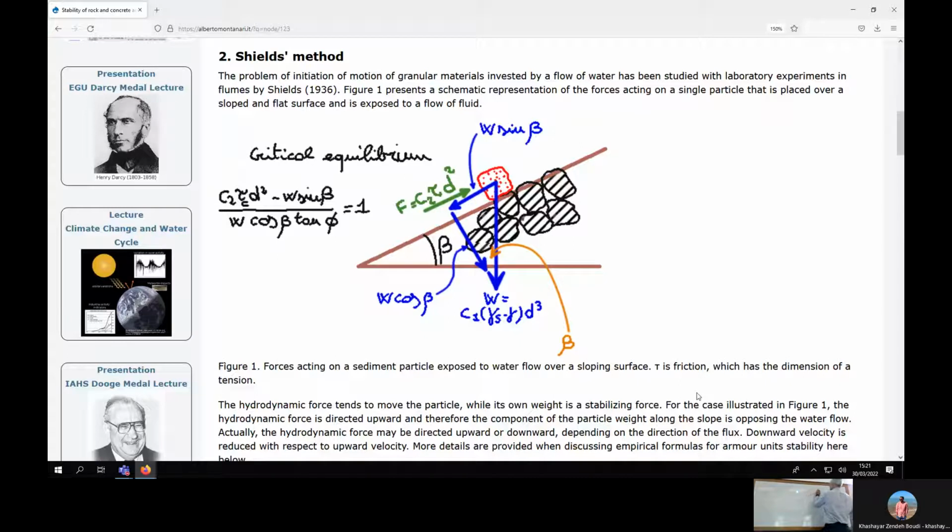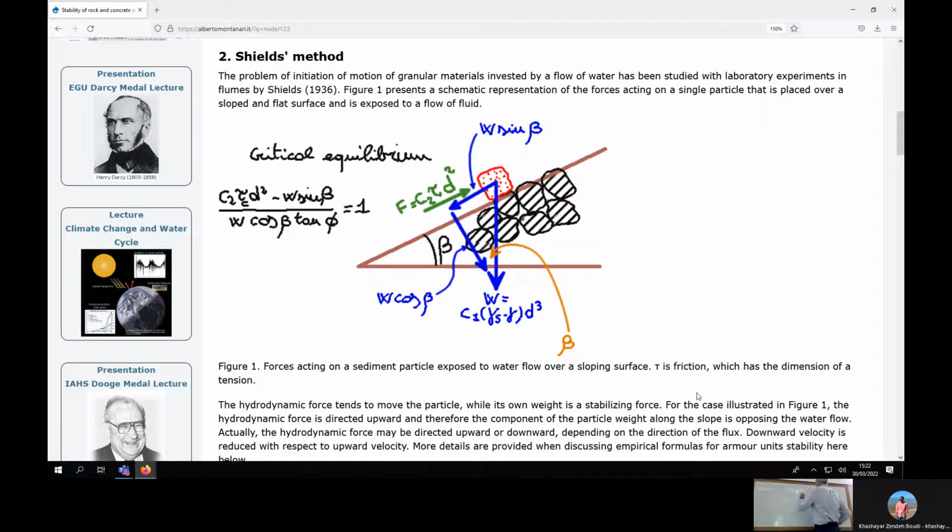So we have this slope with an armor unit, let's make it with a simple geometry, placed over it. Good. This is the armor unit of which we want to study the stability.